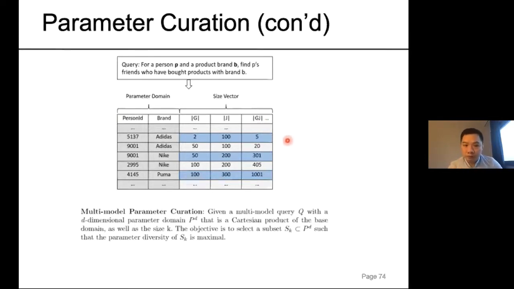So by computing these values, our goal is to choose the rows in blue colors, which has a maximum diversity of 1.5.